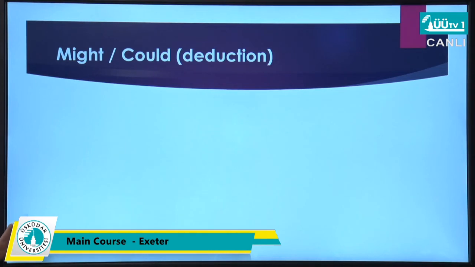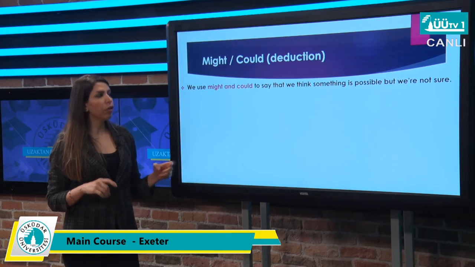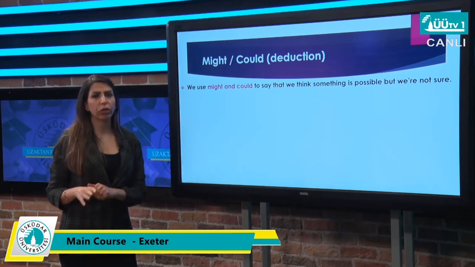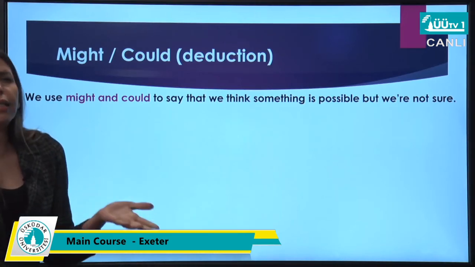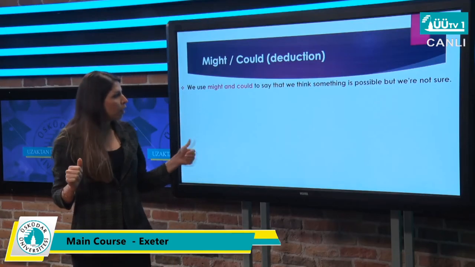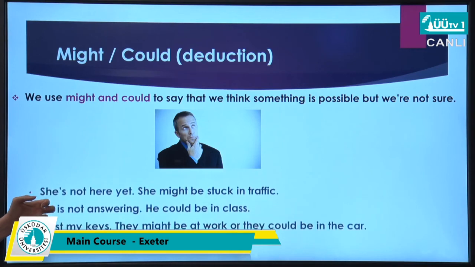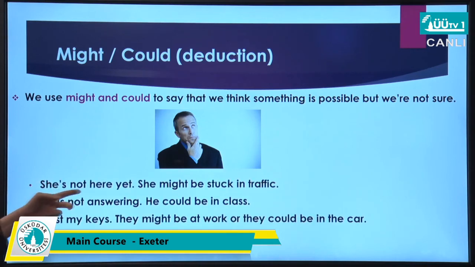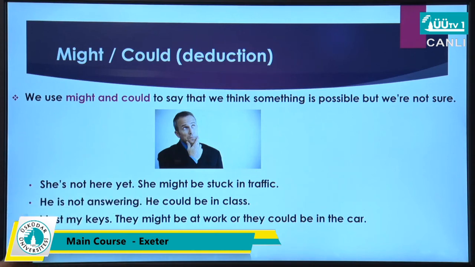And at the end, we have might or could. We use might and could, as I told you earlier, when we're not sure. We're talking about some kind of possibility, yes? So look at this guy. He's thinking, maybe. You are talking about possibilities. She's not here yet. She might be stuck in traffic. He's not answering.